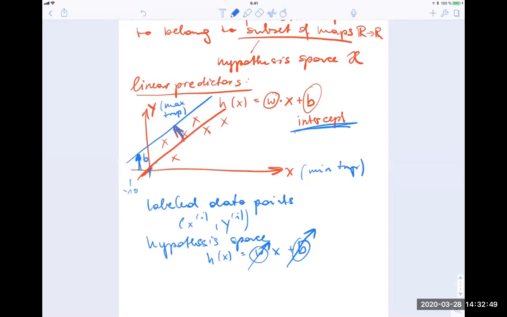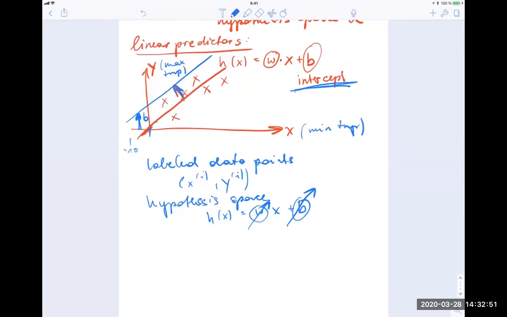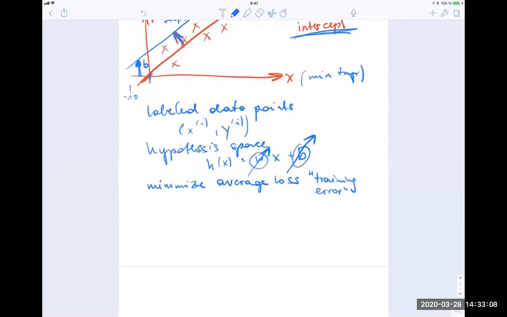This we can tune. And we tune this in order to minimize the average loss or training error. This is sometimes called training error. So we want to solve an optimization problem.